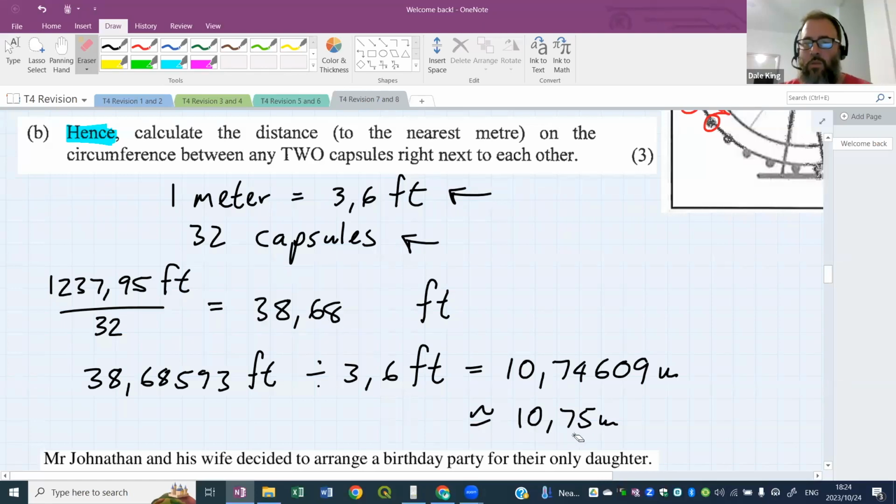If your answer is still 10,75, it's not an issue. But if your answer is wrong, like 10,74, in fact, like I said to you guys last week, if you get 10,74, they won't mark you down in the end. If you're one second decimal place off, they're not going to penalize you.